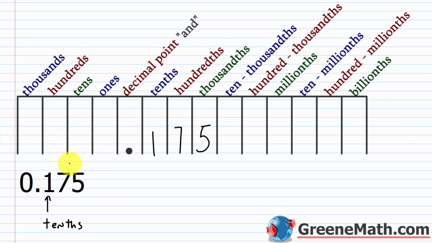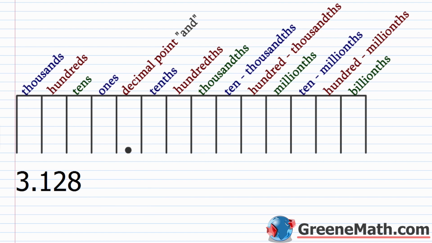Then for 7, that's going to be in the hundredths place. And then lastly, we have a 5 that's in the thousandths place. All right, let's take a look at the next one.